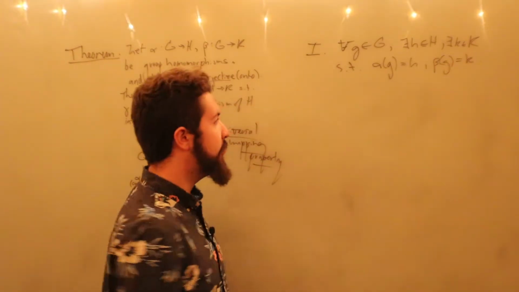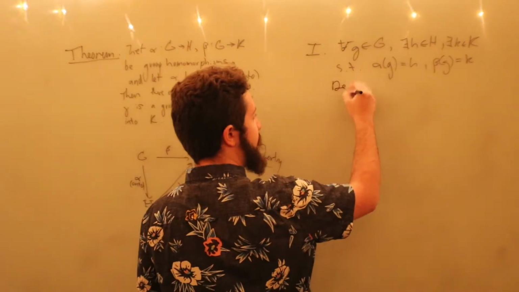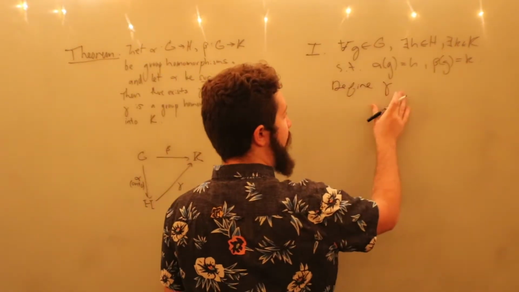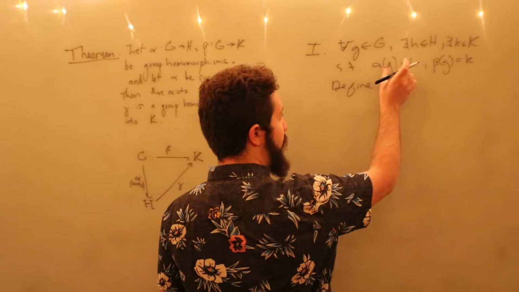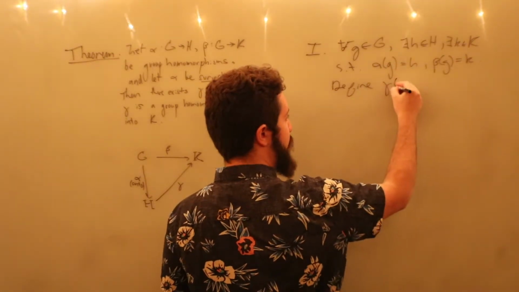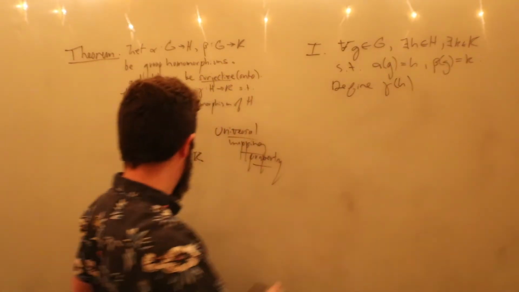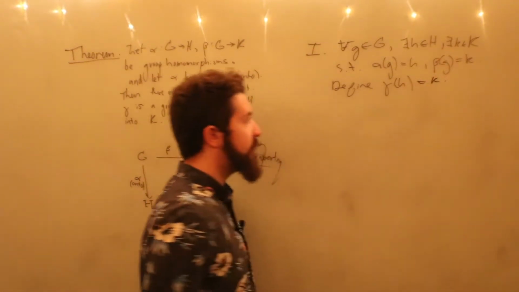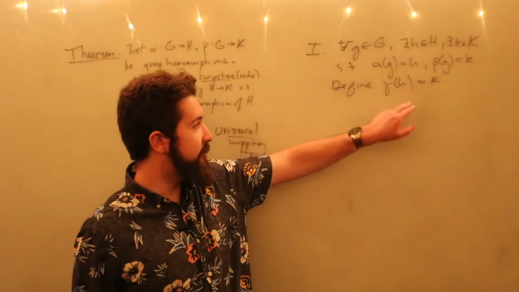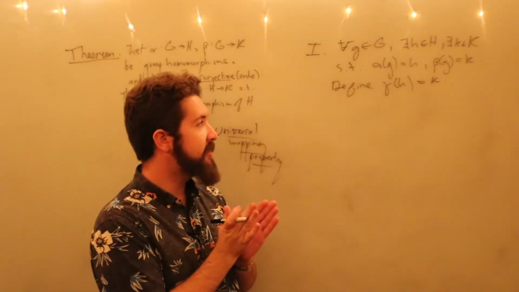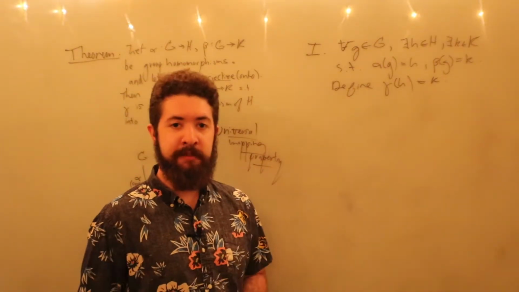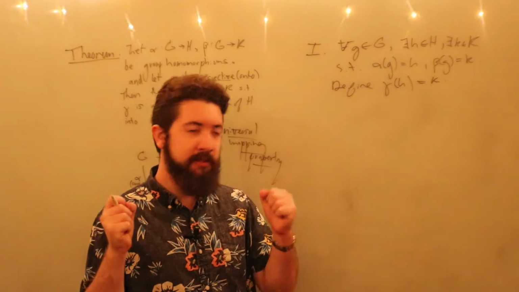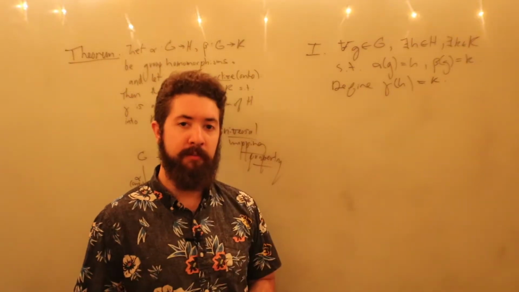So the first thing we do is define the function gamma of input corresponding to this g. So input is going to be h, in the domain H, is equal to k. We trace it back essentially to the group G and then see which two elements does this map to, and then we associate those two elements via the map gamma.